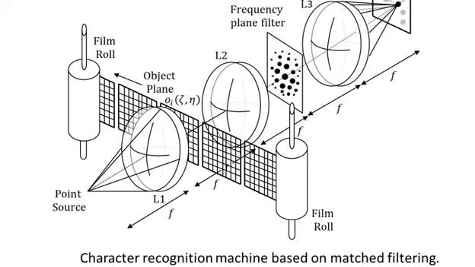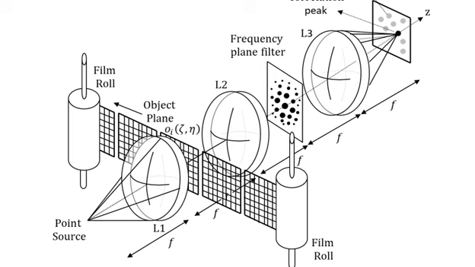So it means that the diffraction will occur at the object plane, and those diffracted orders will be received by the lens L2. So the lens L2 will generate the spectrum or the Fourier transform of this small object o_i at its back focal plane, which we call the frequency plane.